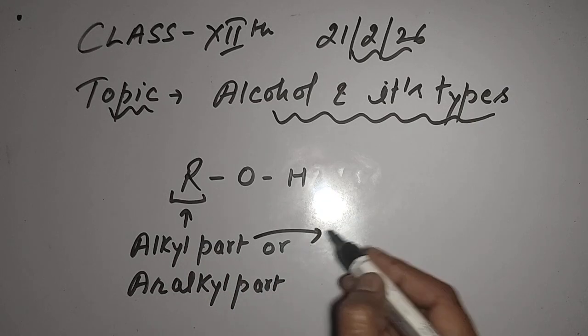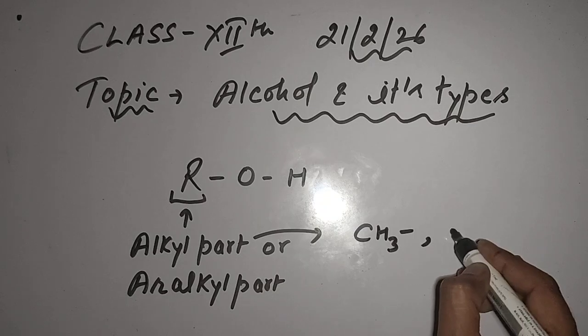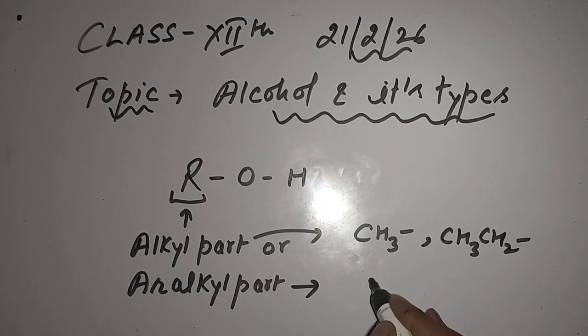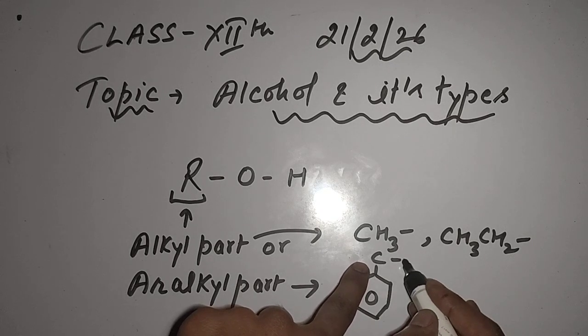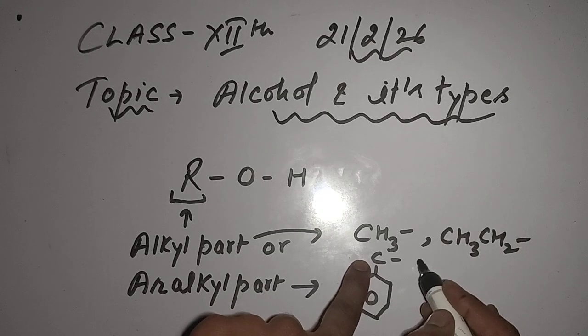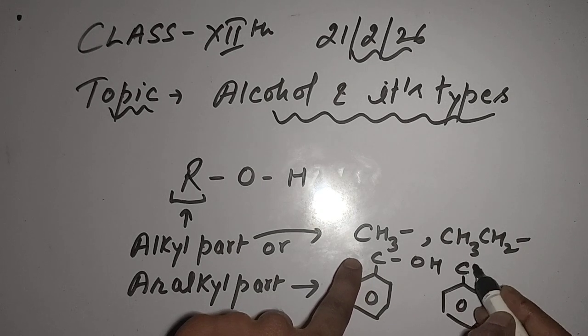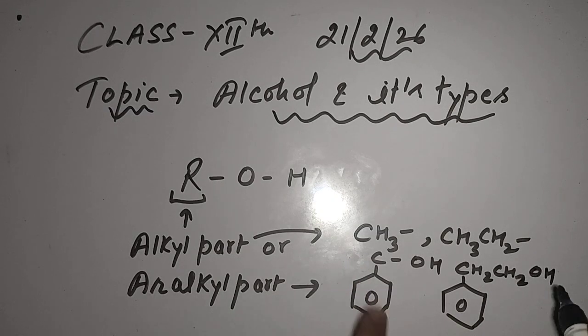Alkyl part means normal hydrocarbon chains like CH3, CH2 chains. Aryl means a benzene ring, and then a hydrocarbon chain, which is then connected with OH, like this: C6H5, CH2, CH3, OH.